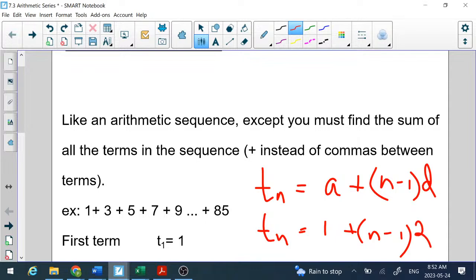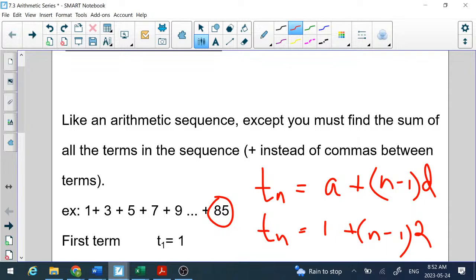Now, can anyone suggest something else that we could sub in? What do you think, Al? Do you mean the number 85? Where would you sub that in? It's the last term, right?